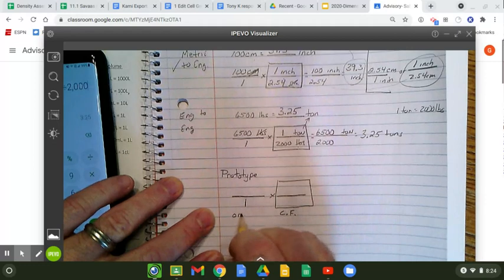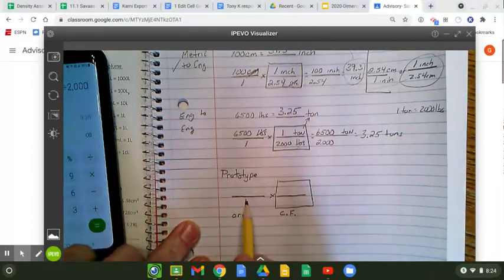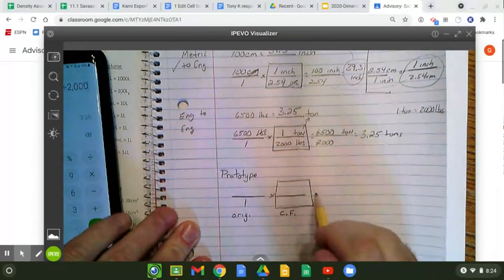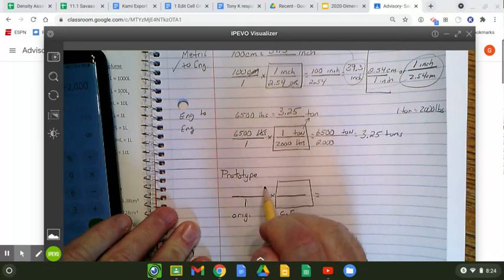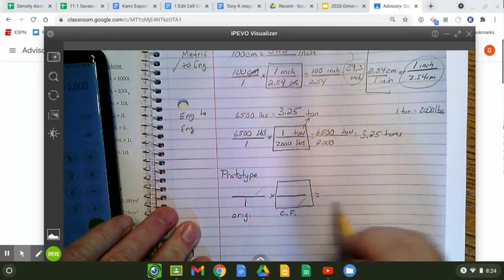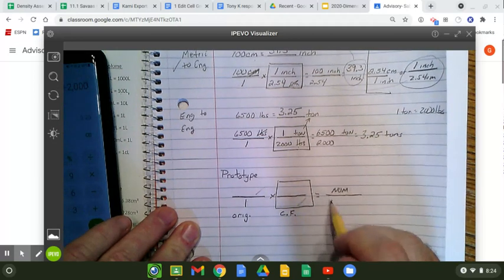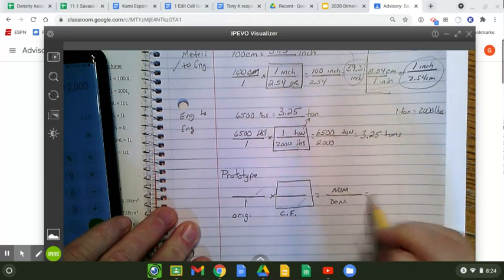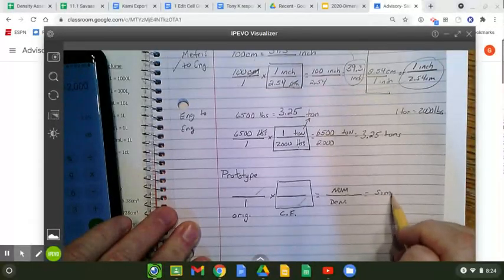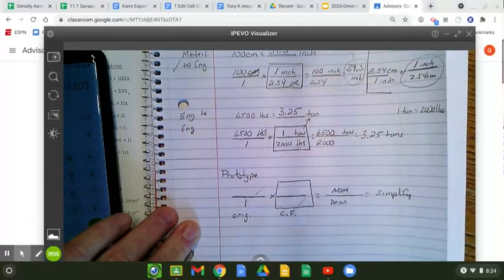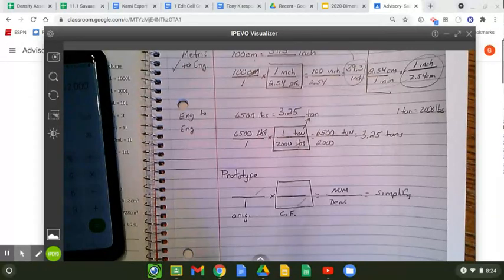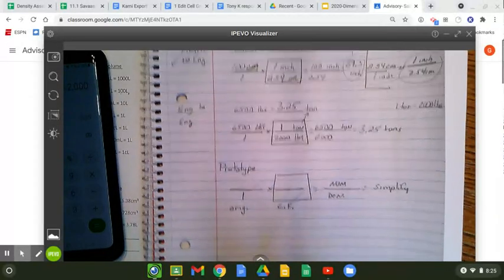The original goes here, multiplied by the conversion factor here. Cancel out your units. Then you multiply the numerator, multiply the denominator, and then simplify. That's basically how these one-step conversion factors are going to work.